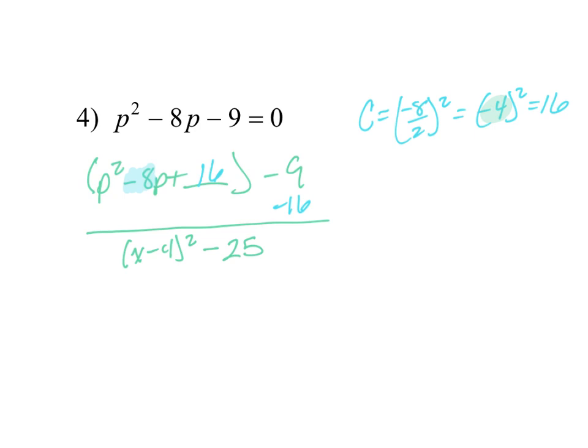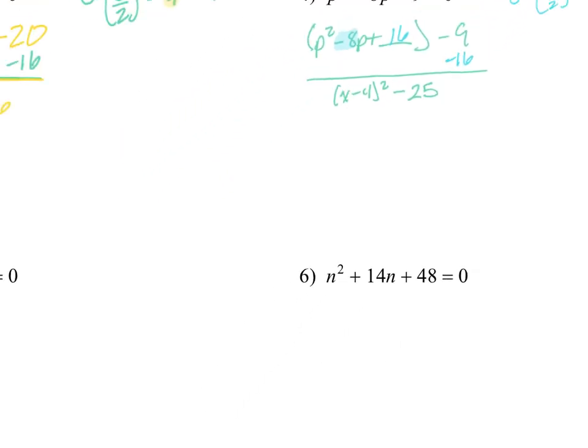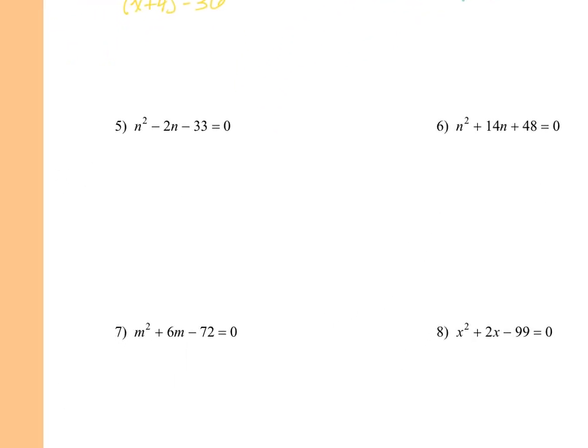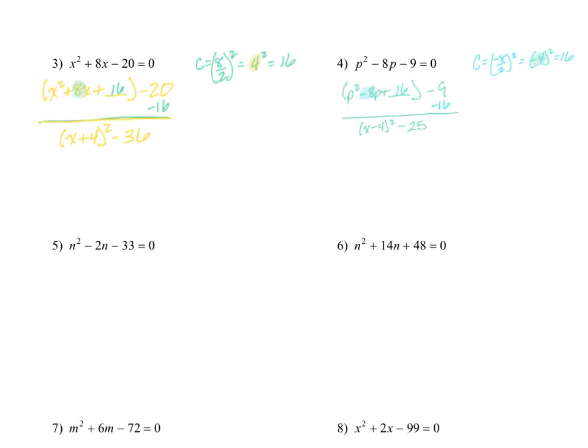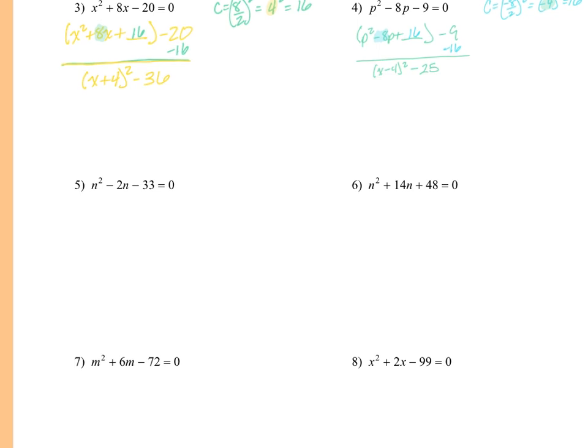Okay, so now we're going to have you try 5 and 6. Remember, I'm going to rewrite them. So I've got n squared minus 2n plus some number minus 33.